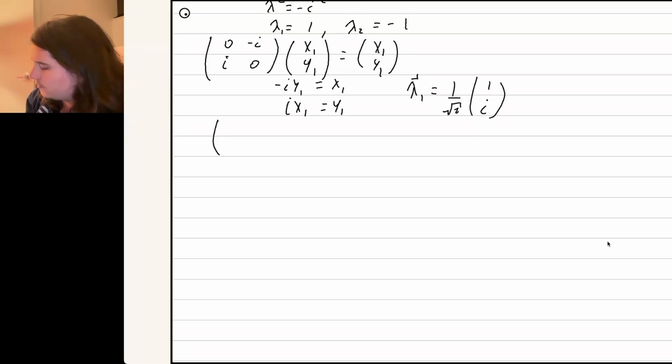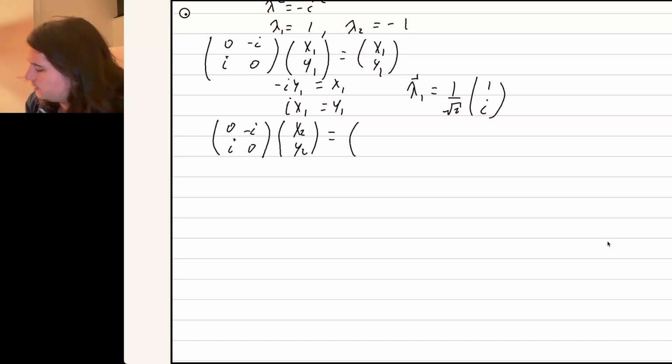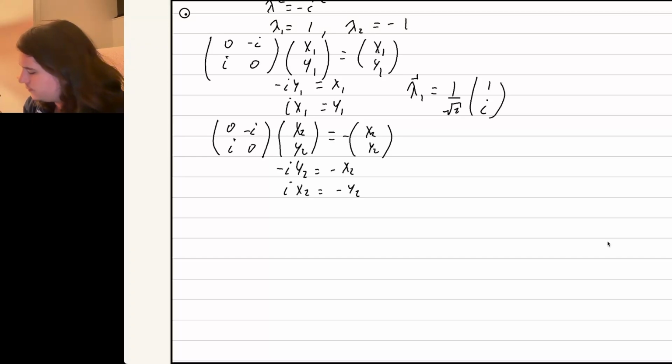Going for our second eigenvector now, we'll have 0 minus i, i 0, times x2 y2 equal to minus x2 y2, which means we'll have minus i y2 is equal to minus x2, and i x2 is equal to minus y2.